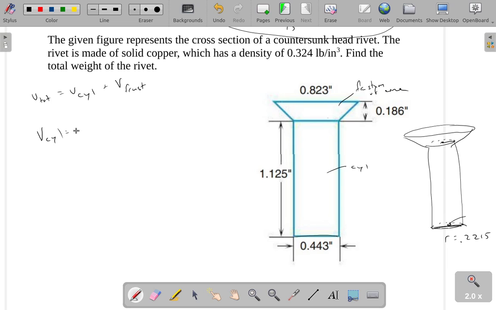And the volume of this would be area times height. So pi r squared times height, which is pi times 0.2215 squared times the height, which you can see is right here, 1.125. I forgot to say squared.